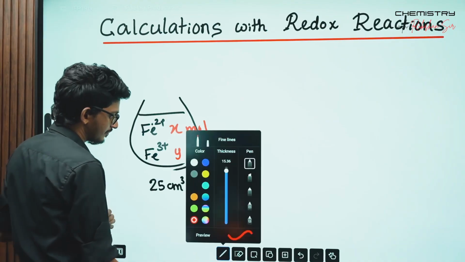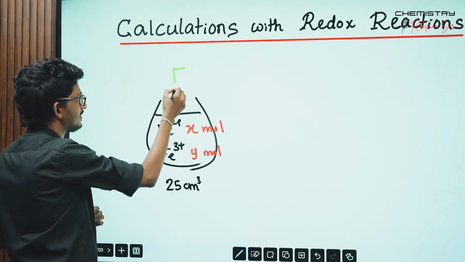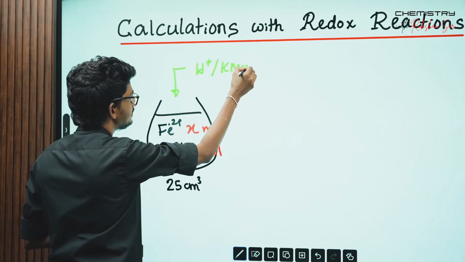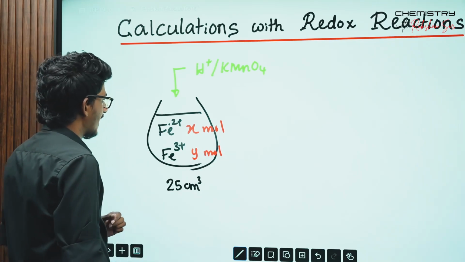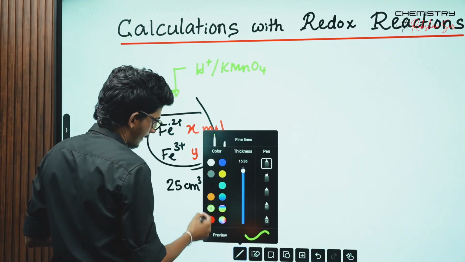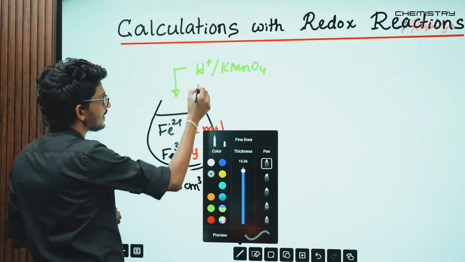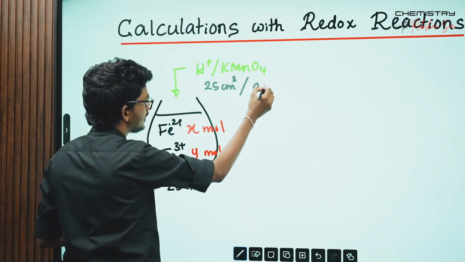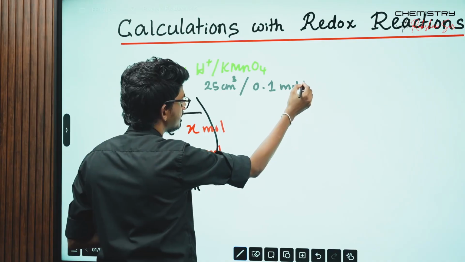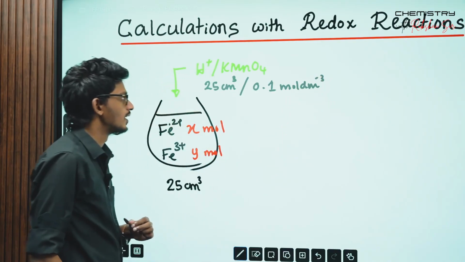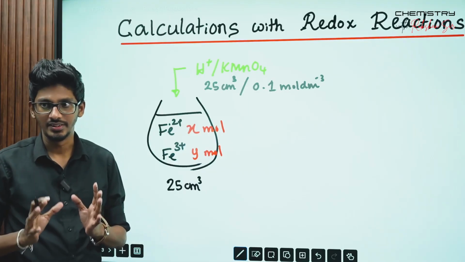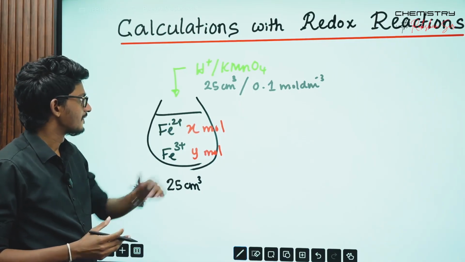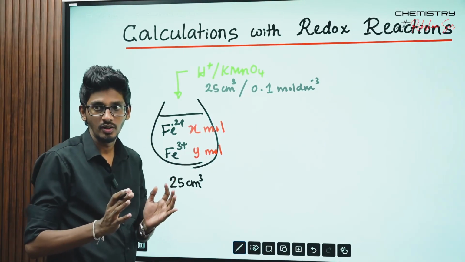Then say that some KMnO4 solution is added to this in acidic medium, and say that 25 cubic centimeters of 0.1 molar concentration were consumed. So the first thing to discuss is which reactions will occur: whether the KMnO4 reacts with the Fe2+, whether it reacts with Fe3+, or with both, or with none.